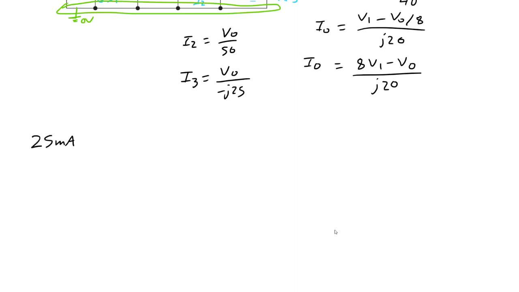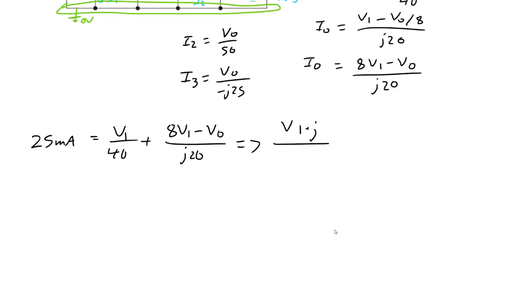25 milliamps equals V1 over 40 plus 8V1 minus VO over J20. We're going to just kind of multiply. We want to get the same kind of denominator so we can combine them.